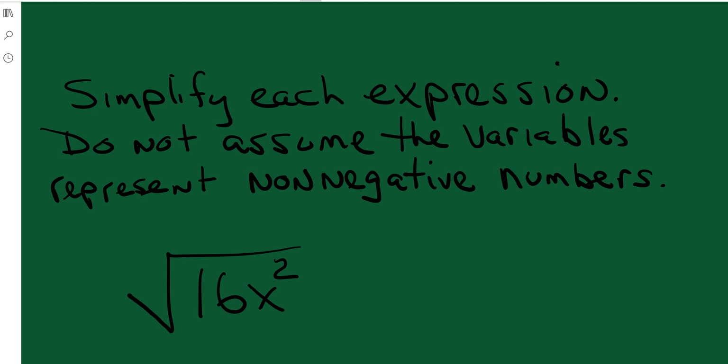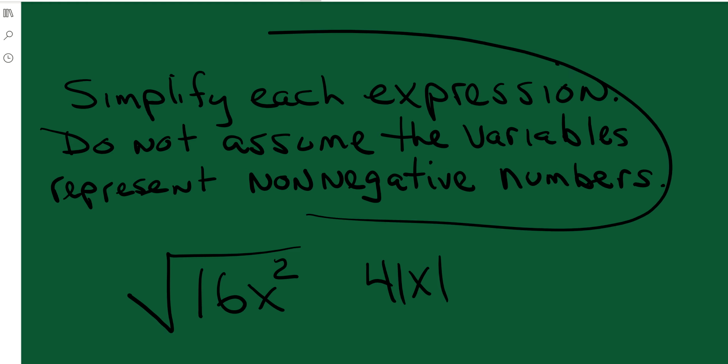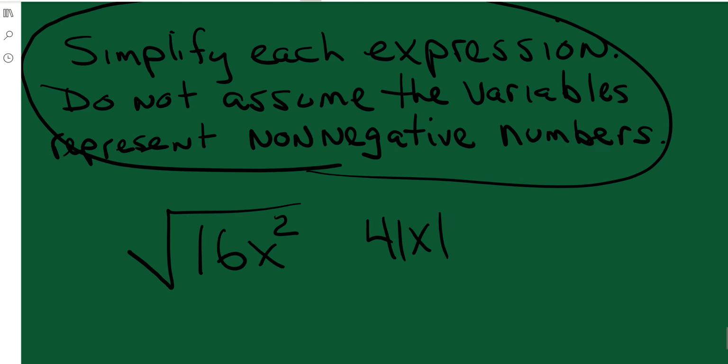So this is going to end up being 4 times x, but the x is enclosed in absolute value bars. And you do that when you have this direction, especially do not assume the variables represent. That tells you to use the absolute value bars. And that's all this is about, trying to convey that to you so you know why you're getting that problem wrong, or half wrong, whatever they allow for you.